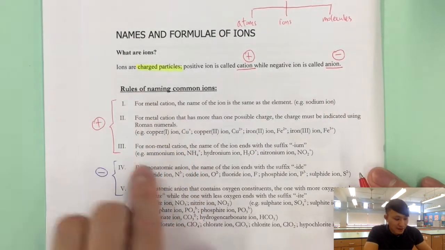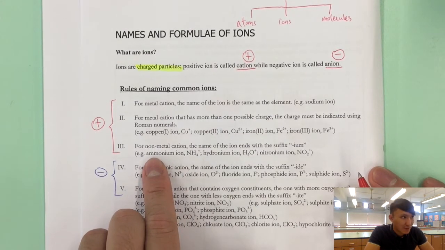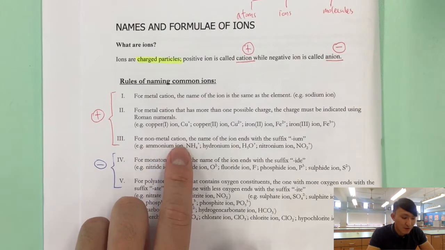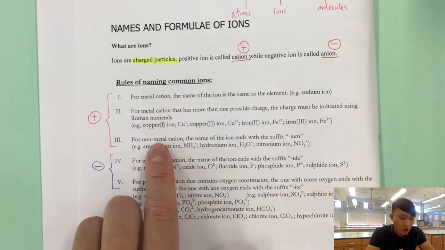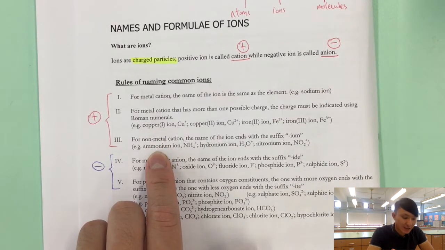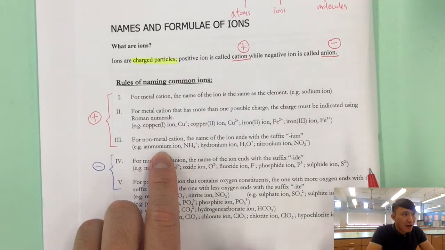Okay? Now, for the third one here, these are actually some special case because some positive ions are made by non-metals. Now, most of the positive ions, most of the cation are made from metal elements. However, there are some exceptional cases, like these three.